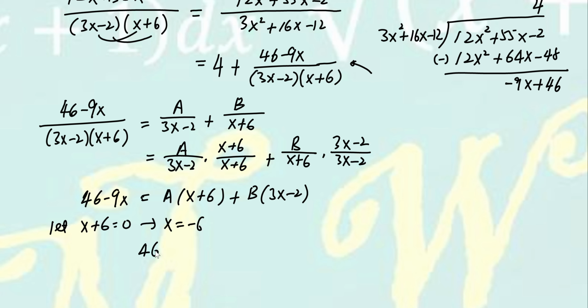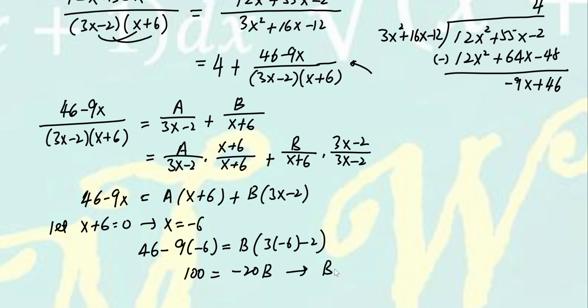Now I will get 46 minus 9 times minus 6 equals, since x plus 6 is 0, then we can find the b, 3 times minus 6 minus 2. Here you will be getting 100 for the left side. The right side will be minus 20b. Then my b is going to be minus 5.